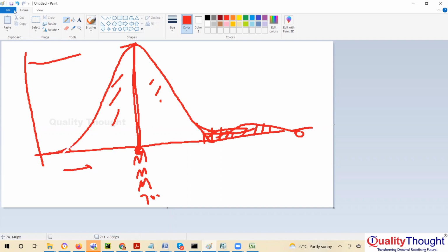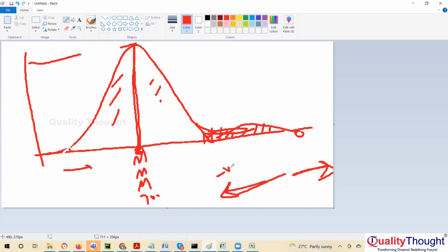Now, if you look at the axis, this is your x-axis. When you look at the axis, which direction is positive and which is negative? Left is negative, right is positive.